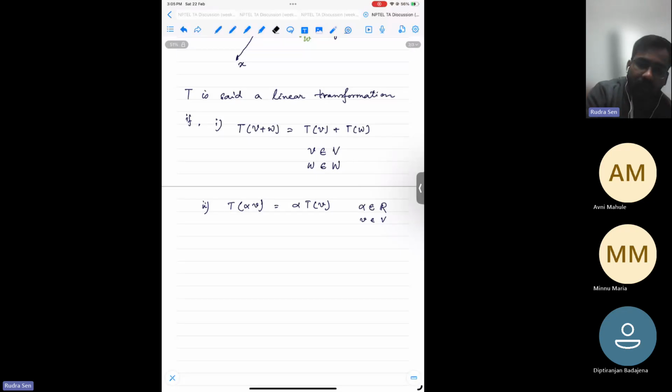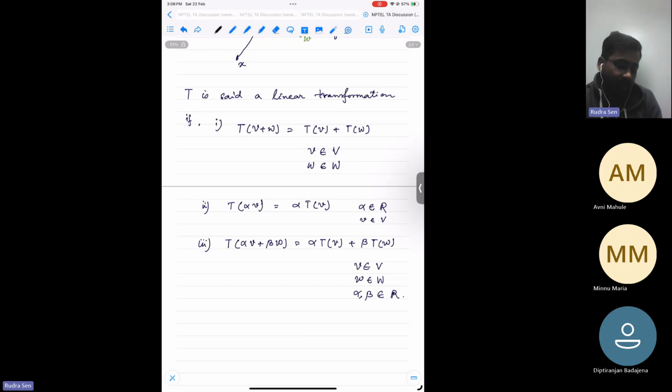If we combine these two properties, the third property comes into the picture: T of alpha v plus beta w is equal to alpha T v plus beta T w, where v belongs to capital V, w belongs to capital W, and alpha and beta are real numbers. This third one is the combination of the first two.